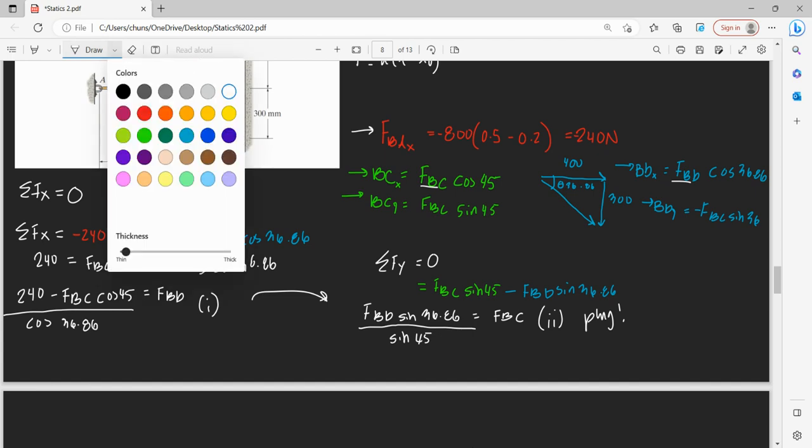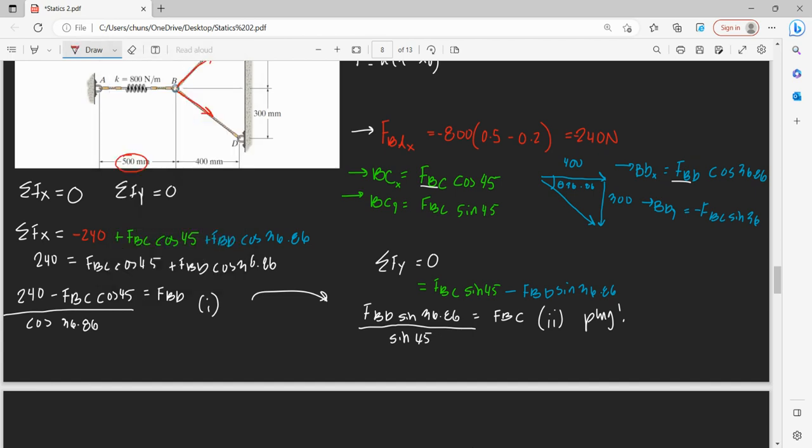So what does that give? Put that in for FBD. That's 240 minus FBC cos 45.